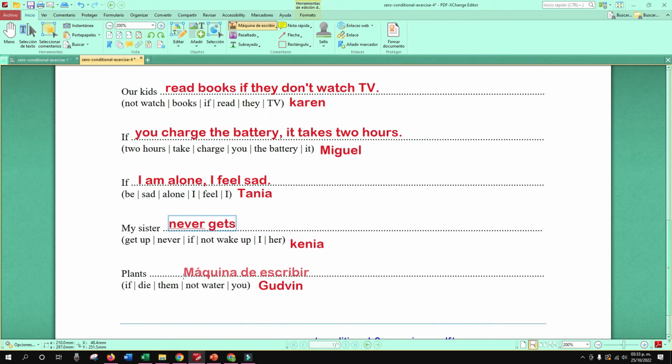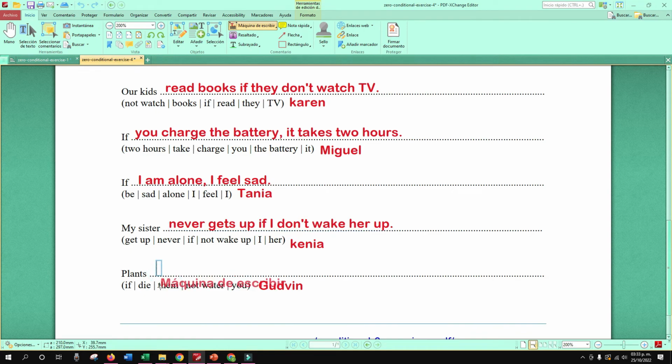Never gets up, right? If I don't wake her up, right? Mi hermana nunca se levanta si yo no la despierto, ¿verdad? Entonces tenemos el resultado y luego la condición. ¿Ok, Kenia? So try to fix it. That's okay. Thank you, Kenia.